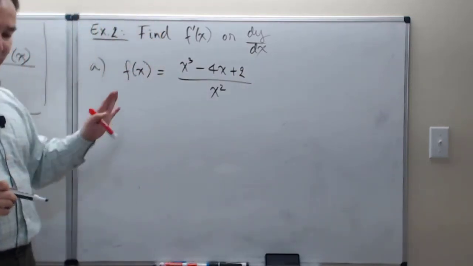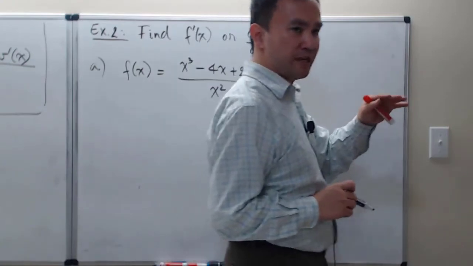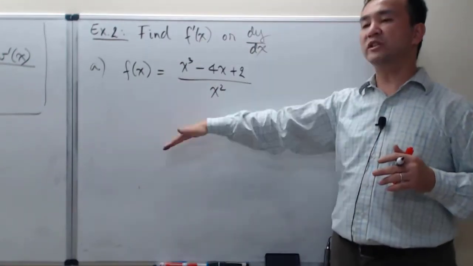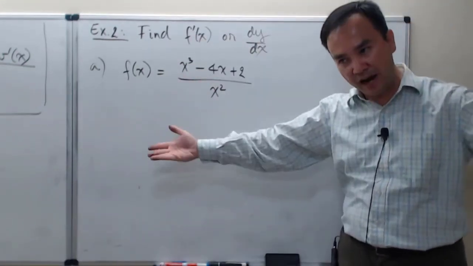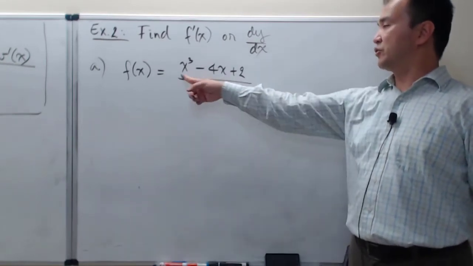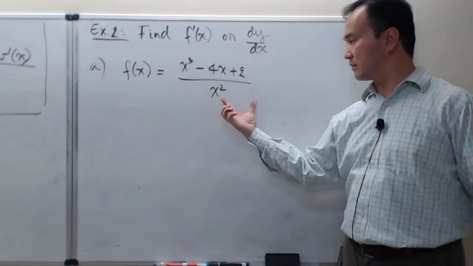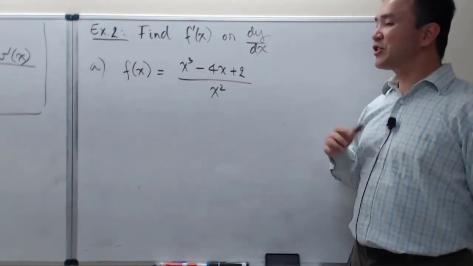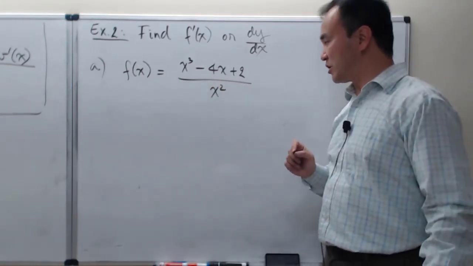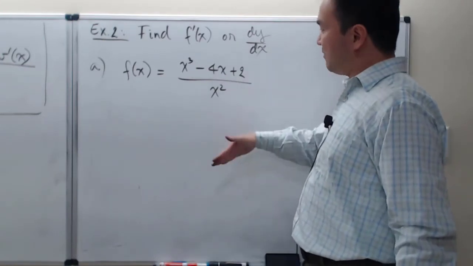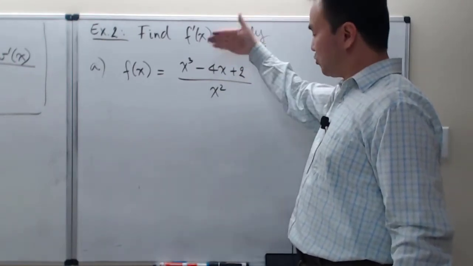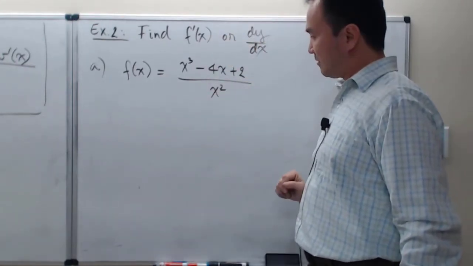But this time we are going to purposely apply the quotient rule, even though we already found an answer by breaking this into 3 separate little fractions, partial fractions. That's the more formal term for that. But this time, let's directly apply the quotient rule.